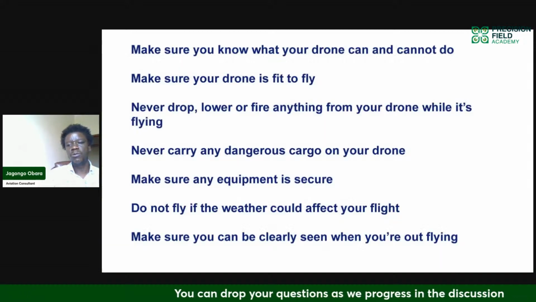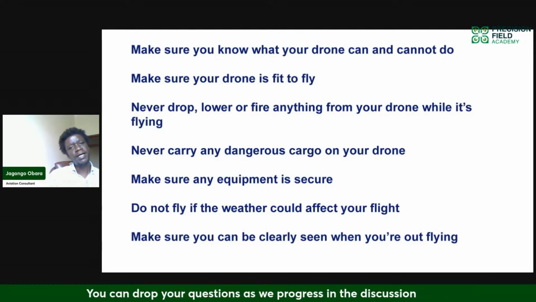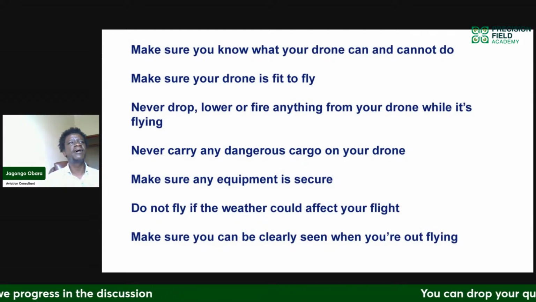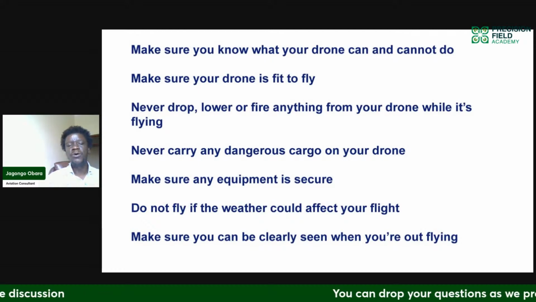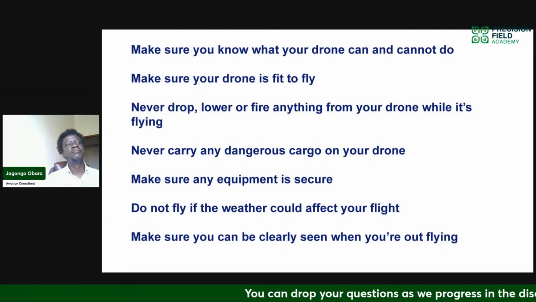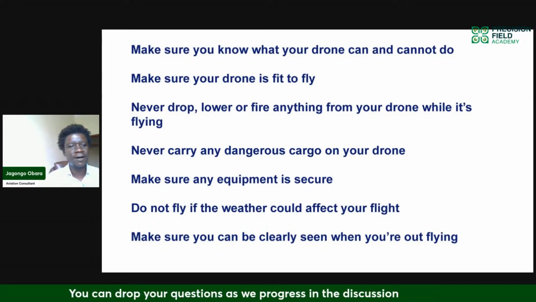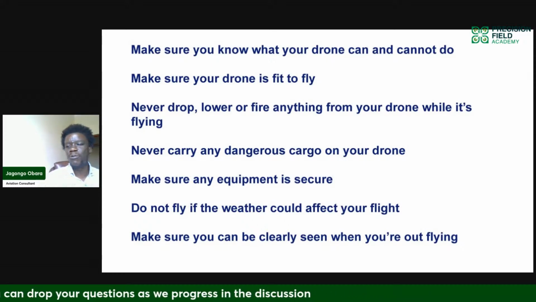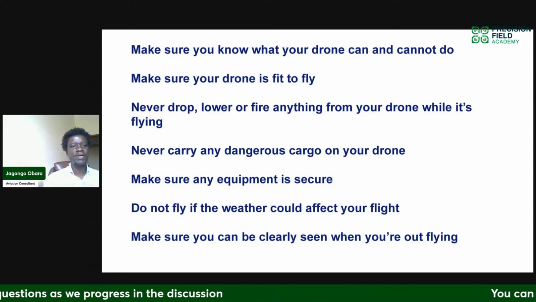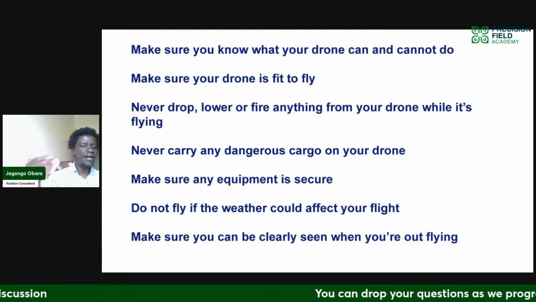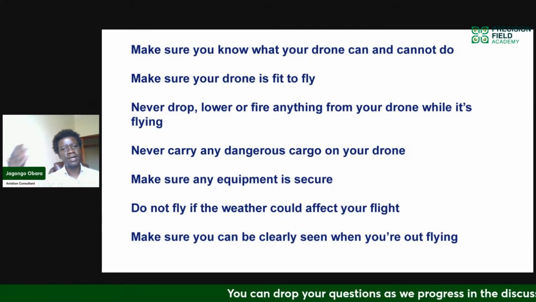And so we also want to carry out the following. Number one, make sure you know what your drone can and cannot do. Do not fly an agricultural drone to go and take pictures or videos of your farm. The agricultural drone was meant to spray, it was meant to fertilize, it was meant to do certain tasks. So understand the capabilities of your aircraft.